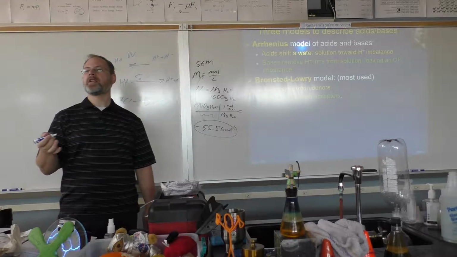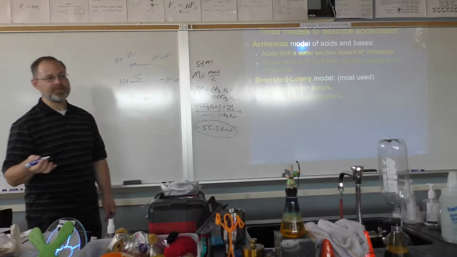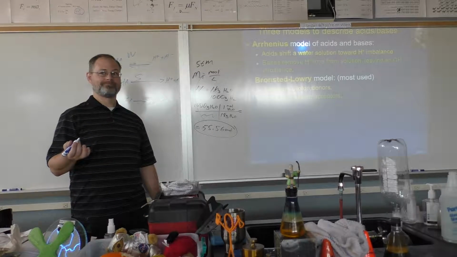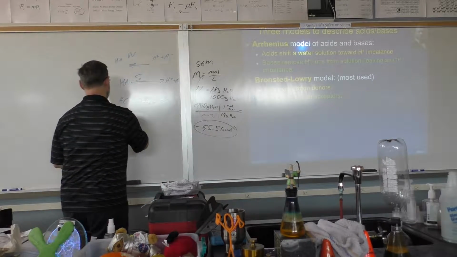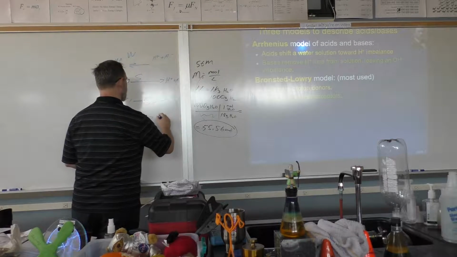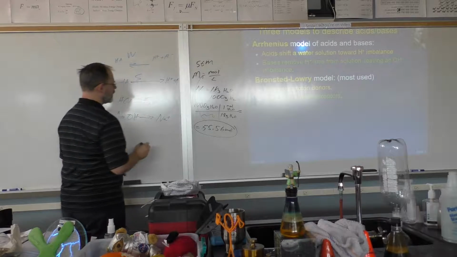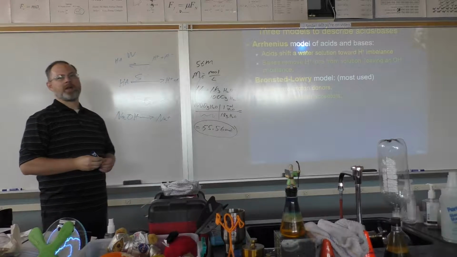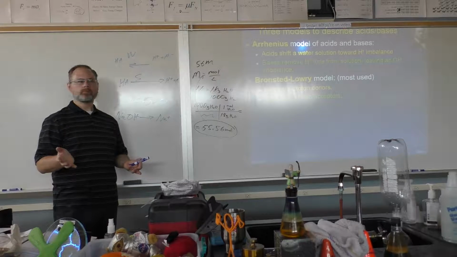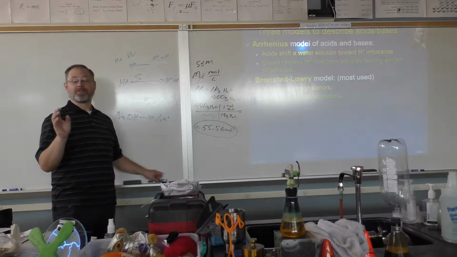Similarly, the conjugate of a strong base is a negligible conjugate acid. A good example of a strong base we're gonna use a lot is OH minus, and its conjugate acid is gonna be H plus, or sorry, Na plus. Na plus has no acidic properties at all. Cool? Now, that's for strongs.